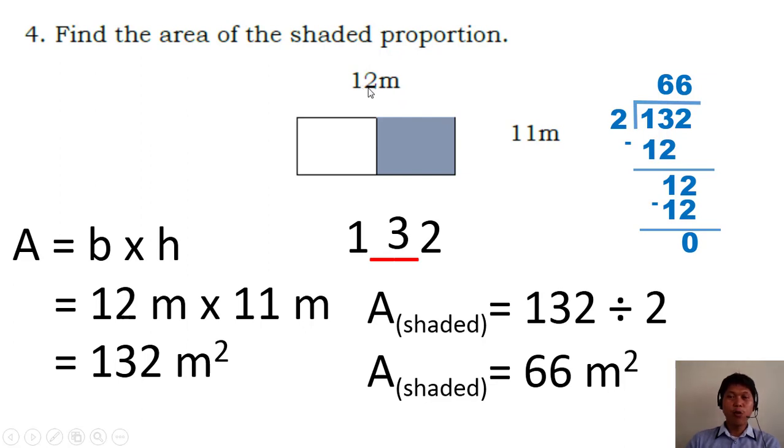And that 6 will be multiplied to this 11. So 6 times 11, which is actually 66, because 11, 22, 33, 44, 55, 66, just double the number. So it is the same answer as the first solution. The shortcut is just divide this first by 2 because we take only 1/2. So 6 times 11 is equal to 66 square meters, and we got the same answer.